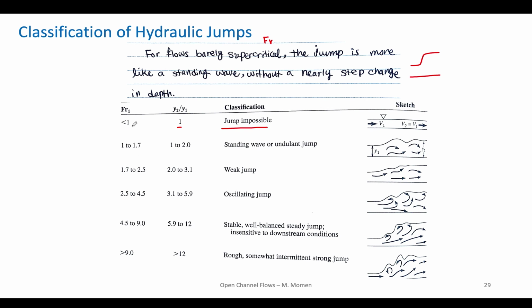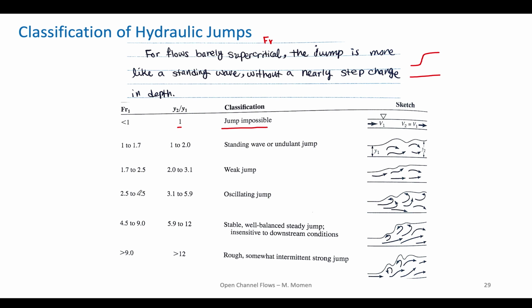If your Froude number is between 1 and 1.7, you will have a standing wave or jump that's something like this, and your y2 over y1 is going to be between 1 and 2. If your Froude number 1 is between 1.7 and 2.5, you will have a weak jump. The figure is shown here.